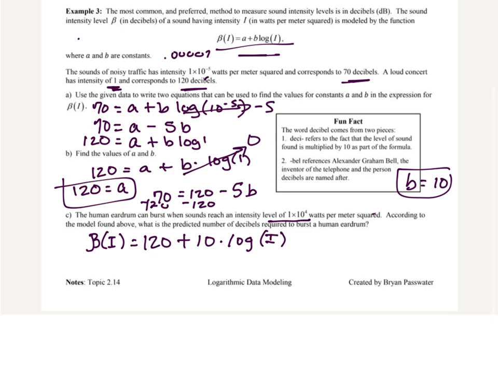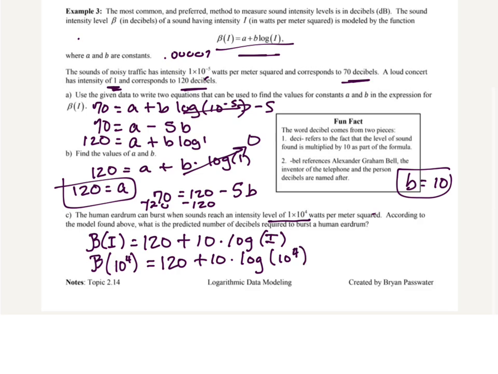So you could go in there and call that 10,000. I would resist the urge to call it 10,000 because it's in base 10 already. So we're finding beta of 10 to the 4th. Y'all see what we're doing? We're inputting that 10 to the 4th. It's 120 plus 10 times log of 10 to the 4th, which is what?